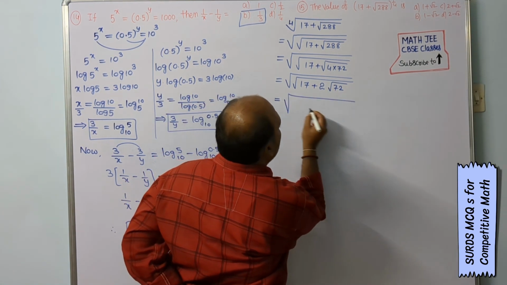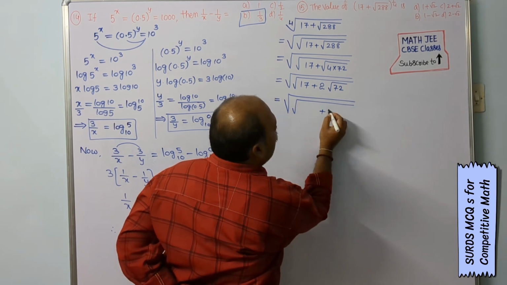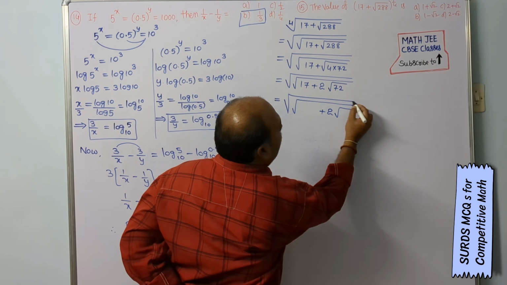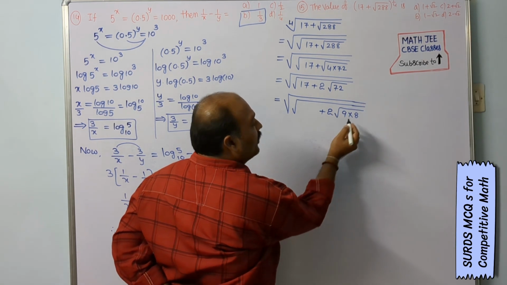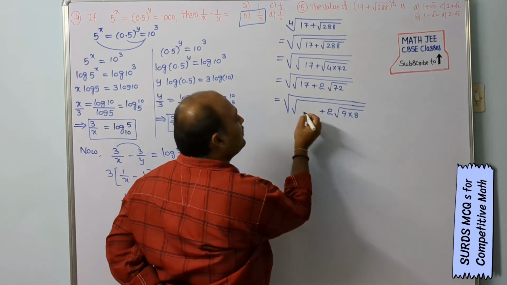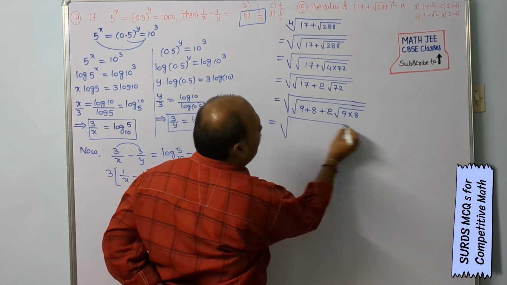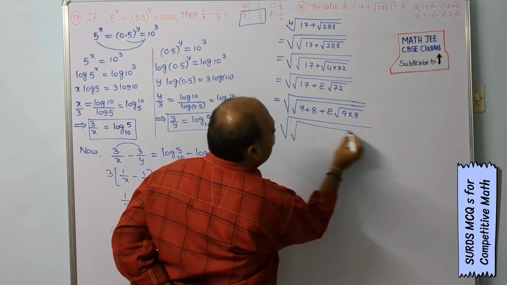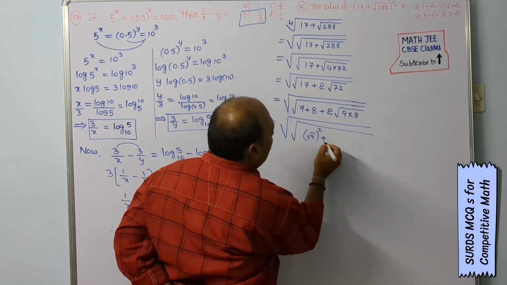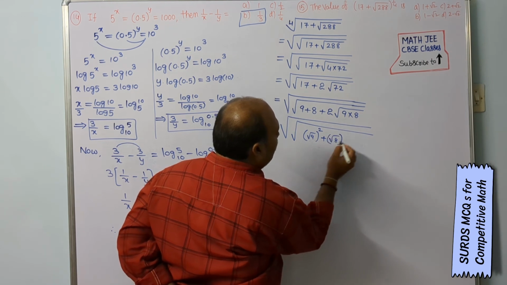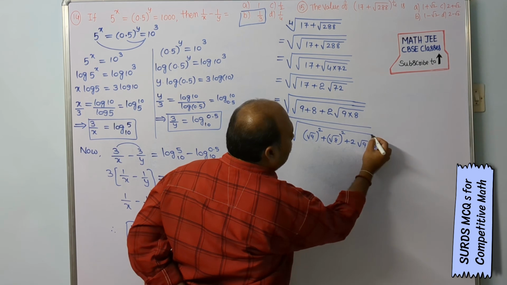So here I am writing square root of 17 plus 2 into root over 72. Multiples: 9 eights are 72. So 9 plus 8, can I write 17? So 9 plus 8, which is equal to square root of root 9 whole square plus root 8 whole square plus 2 into root 9 into root 8.